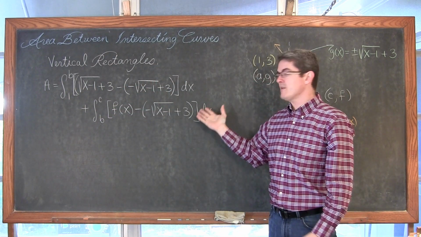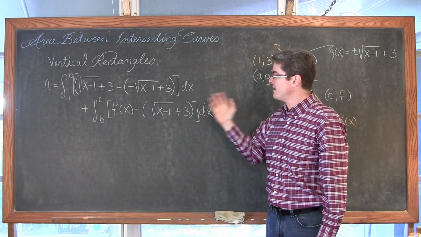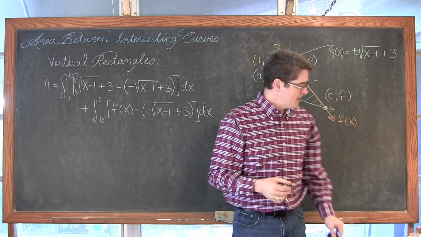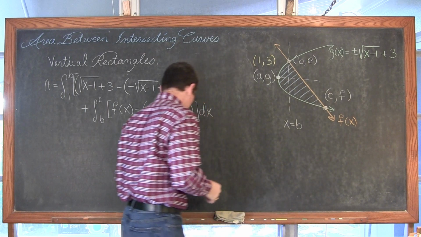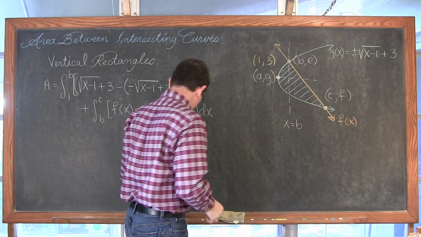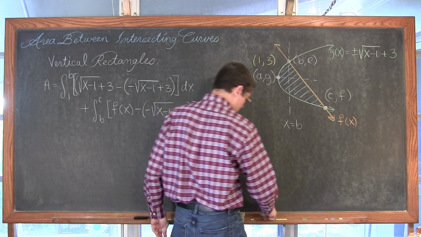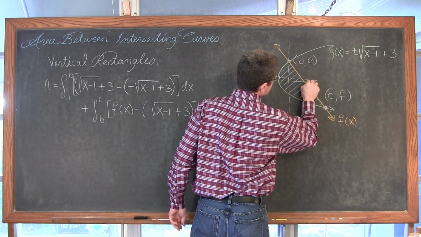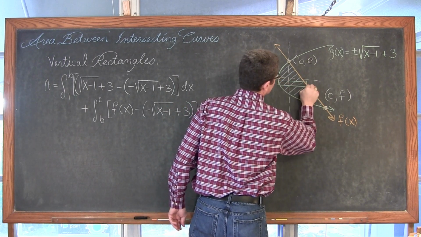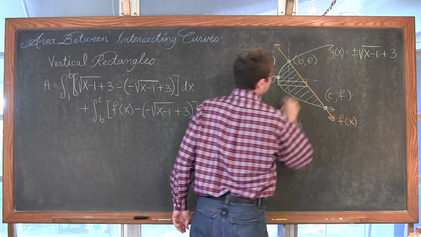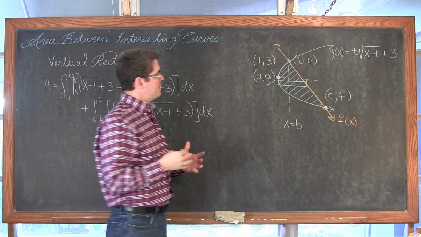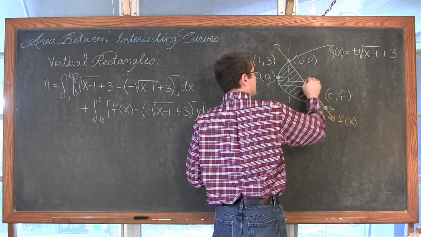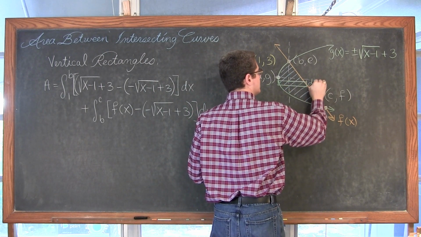Well, that's rather complicated, and finding the integrals may possibly not be very simple. So if I would rather use, let's see, another colored piece of chalk, horizontal rectangles, then instead of having the widths defined as dx, my widths would be defined as dy.